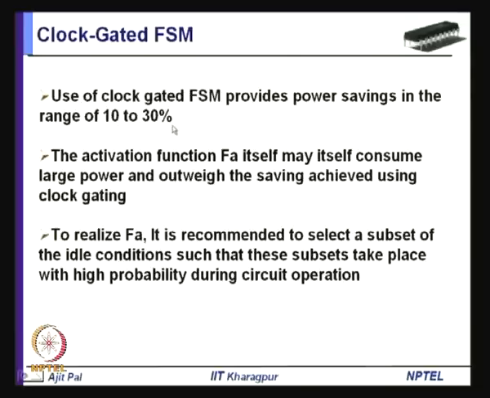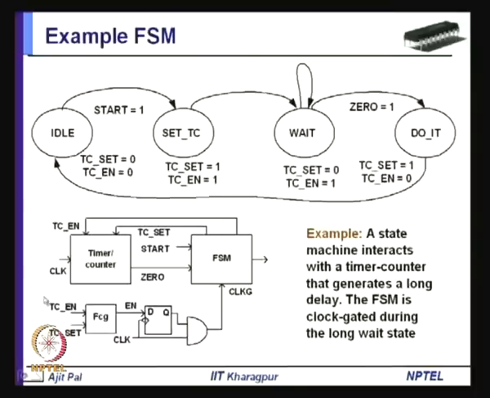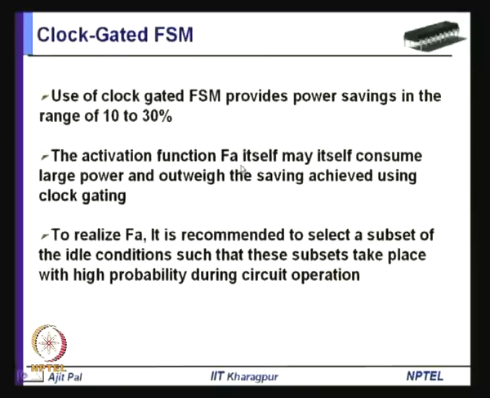It has been found by experimental results that this kind of power saving can be obtained, by Benini and his colleagues. And the activation function f a itself may, however, as you can see, you are adding some additional hardware. So, this activation function f a itself may consume large power and outweigh the saving achieved using clock gating.